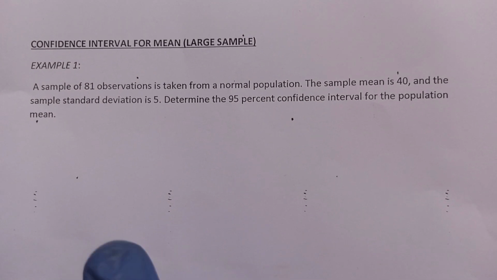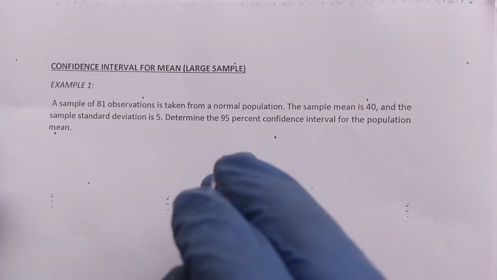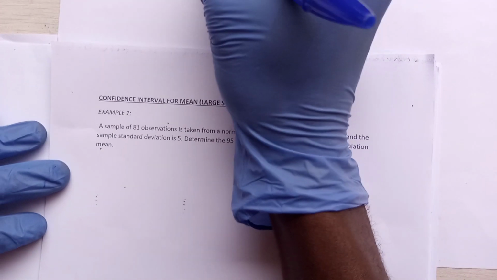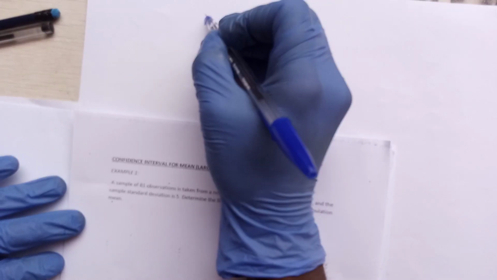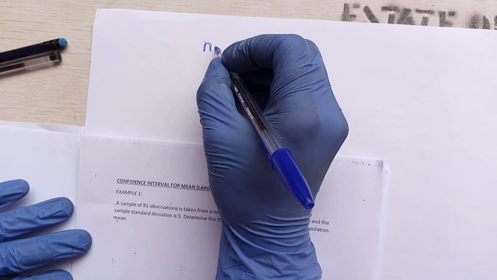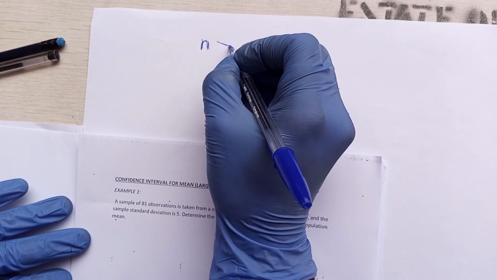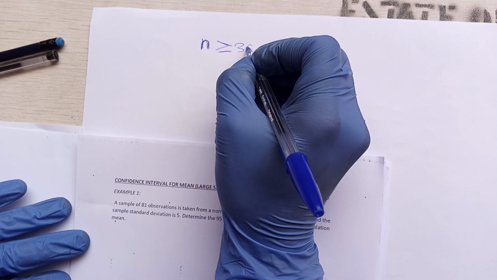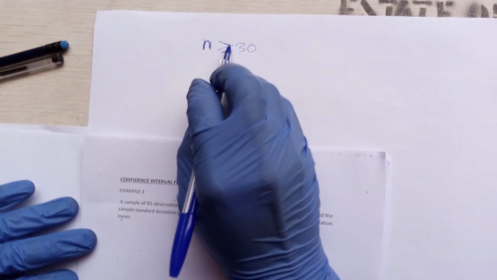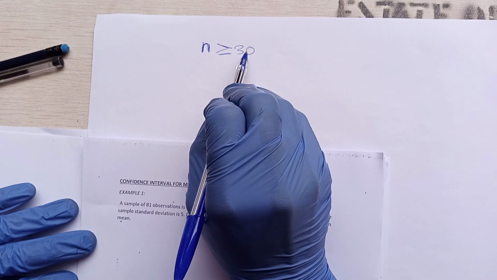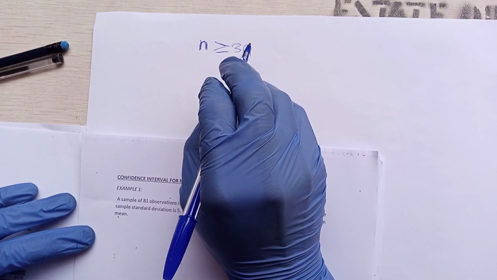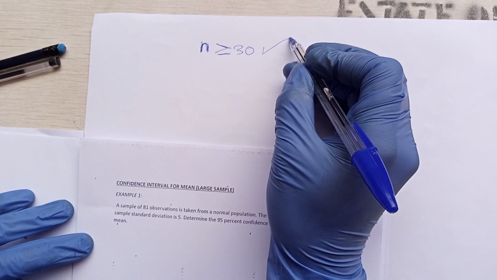The only way you can know this is a large sample is that when your number of trials or the selection you've done is greater than or equal to 30, if the population is normal and n is more than or equal to 30, it is a large sample. That is one.